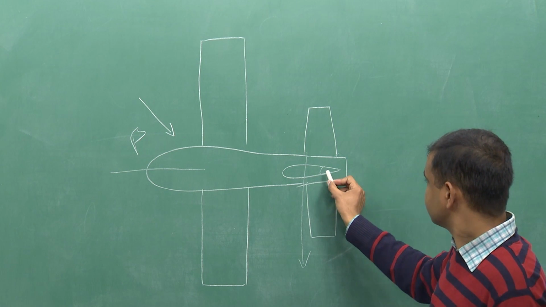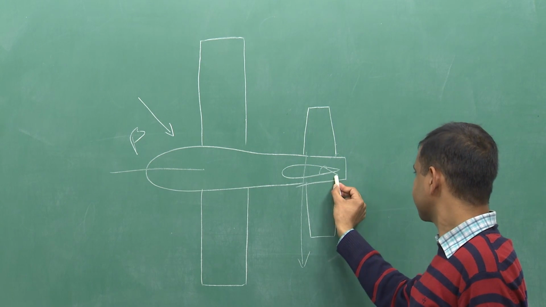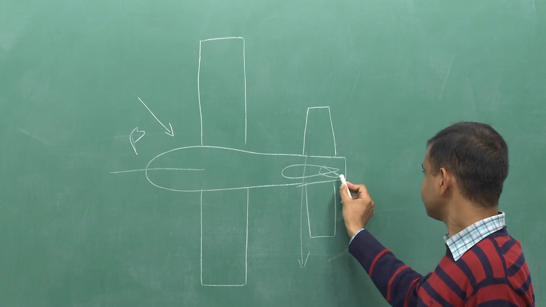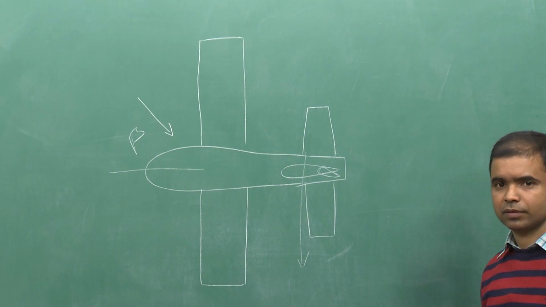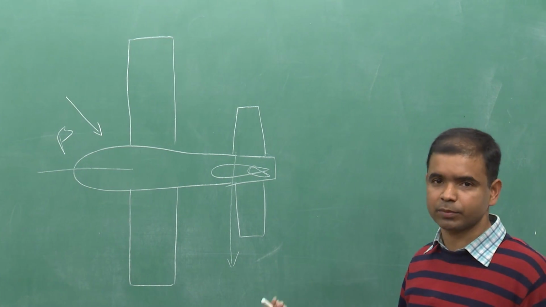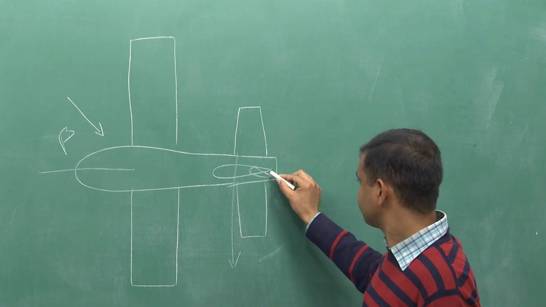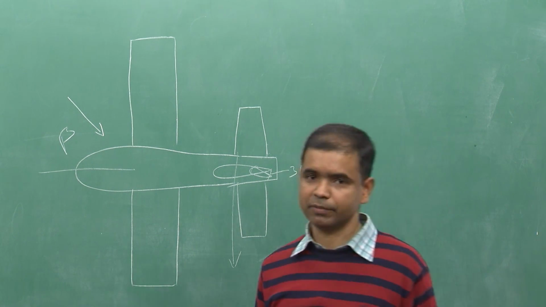Suppose the beta is positive, in that case we will deflect the rudder in this direction. For the maximum speed we will have to deflect with the maximum amount. So, we have to deflect this rudder with the 30 degrees. This is the maximum allowable rudder deflection given to us.